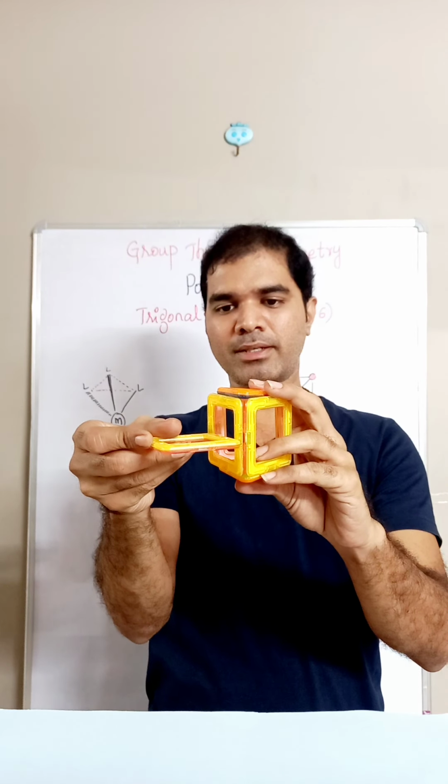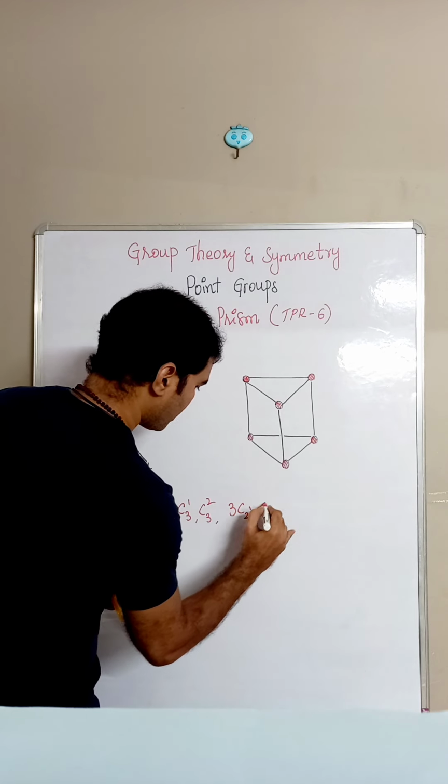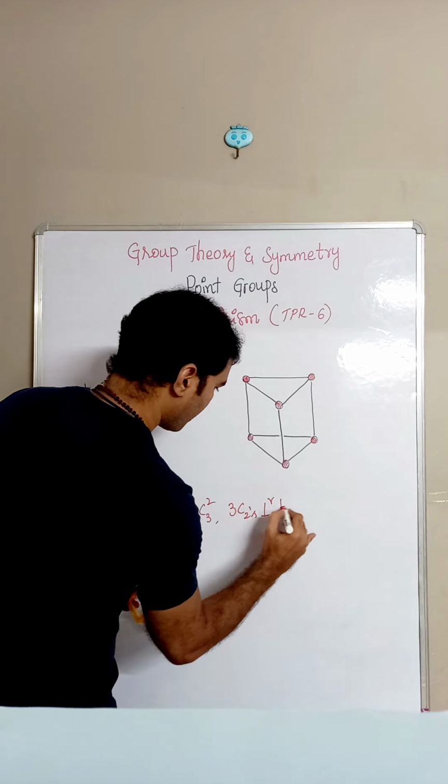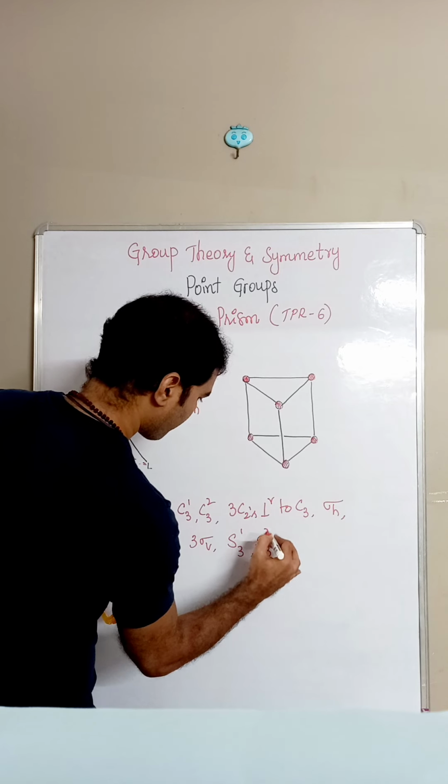When we have sigma h, E is present, C3 is present, which can generate C3^1 and C3^2. 3 C2s perpendicular to C3 are also present. Along with this, we have seen sigma h. Hence, the point group must be D3h. And for D3h point group, there will be 3 vertical planes, 3 sigma v. S3 will also be present in it.